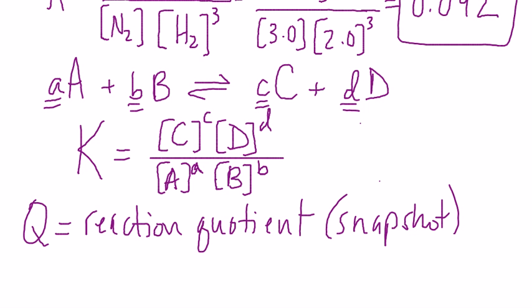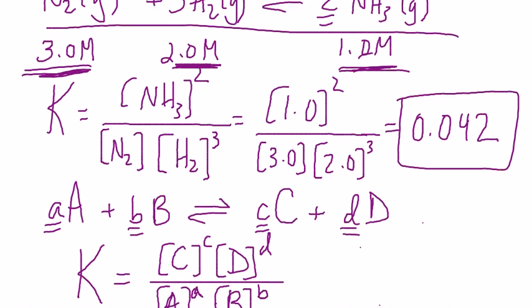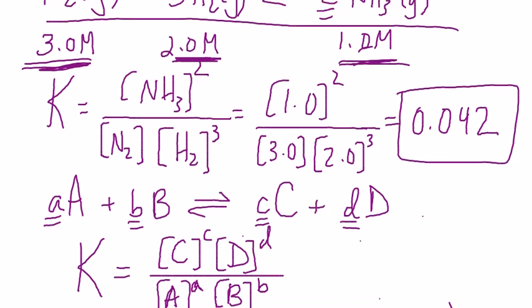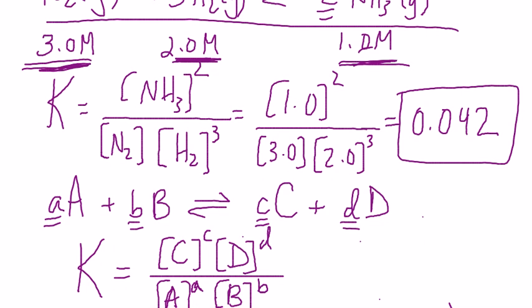However, if we take our reaction above, let's say for the production of ammonia, and K is 0.042, if we know the concentrations of nitrogen, hydrogen, and ammonia at any given time, and we plug them into this expression, and we get a value that is lower than 0.042.